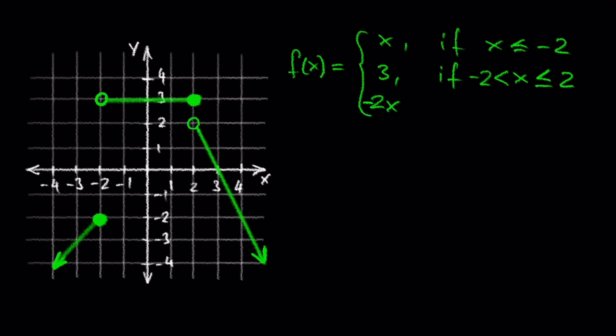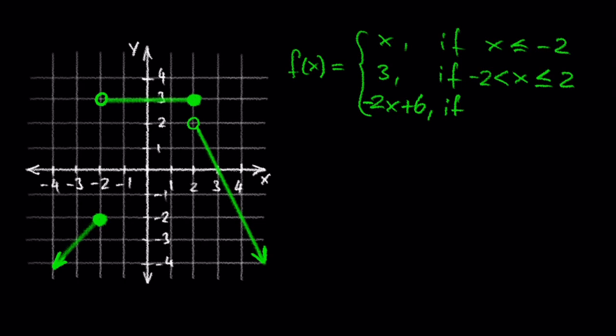So if the graph would go on forever, it would intersect the y-axis at 6. So we can write -2x plus 6. Again, -2 is the slope and 6 is the intersection with the y-axis.